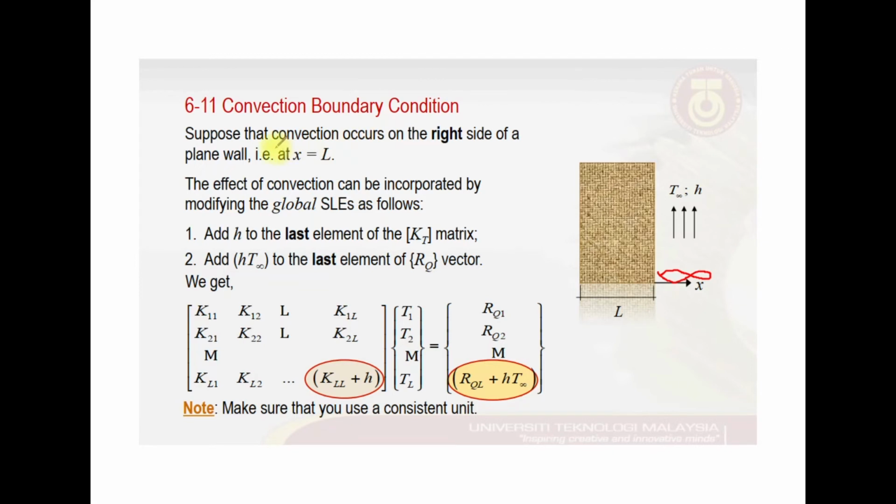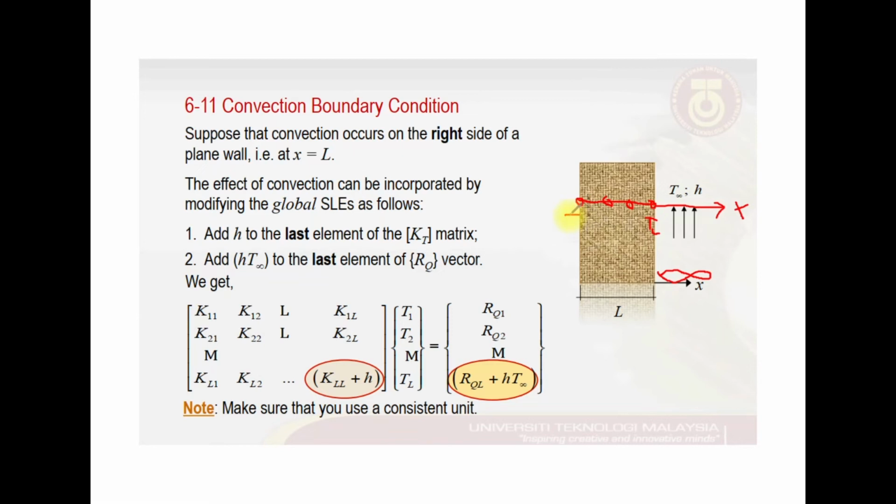And in this case, the convection boundary conditions can be applied. It's mentioned here that suppose convection occurs on the right side of a plane wall, which is at x equal to L. So again here, I can draw my finite element model across my plane wall, and I have, for example, 3 elements there, and this convection process occurs at x equal to L, taking that this is the direction of my x-axis.